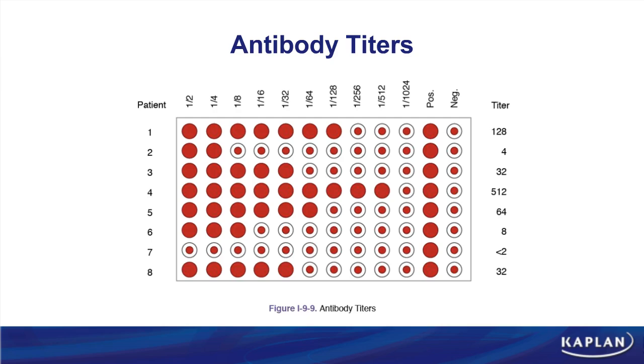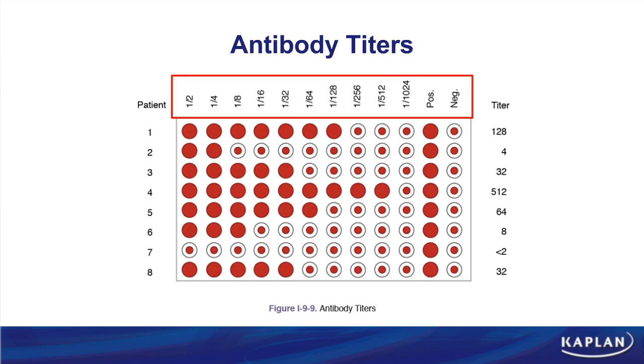This figure nicely illustrates what an actual antibody titer test would look like. On the left, we have a series of patients 1 through 8, and each patient's serum is going to be serially diluted from a half dilution to a fourth, and again, as you go up, you're going to double the dilution every time.